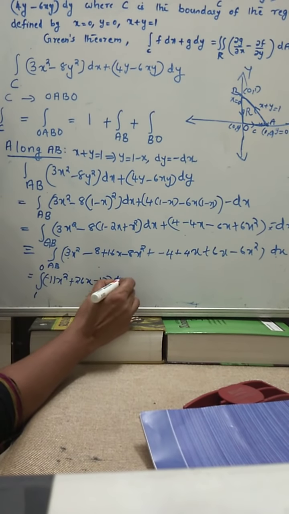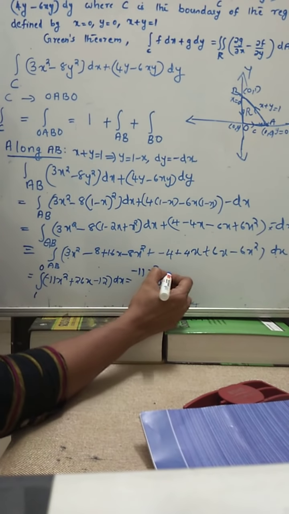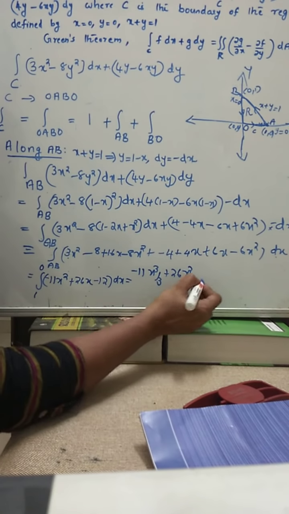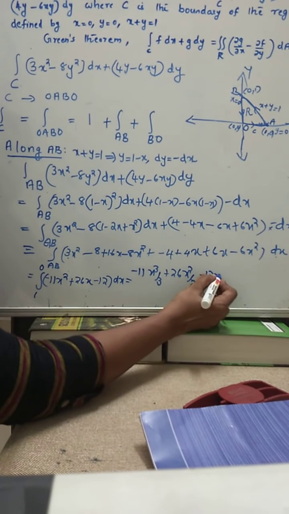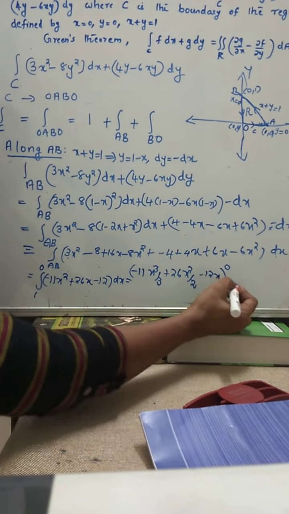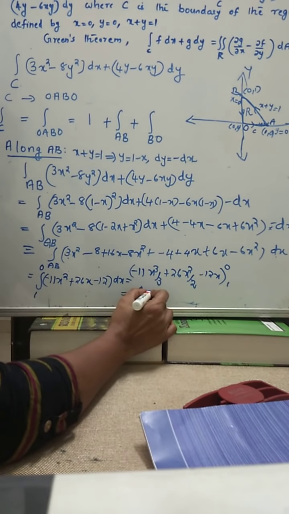Now evaluating the integral, −11x³/3 + 26x²/2 − 12x within the limit 1 to 0. Substituting the values, the upper limit becomes 0 for all terms.